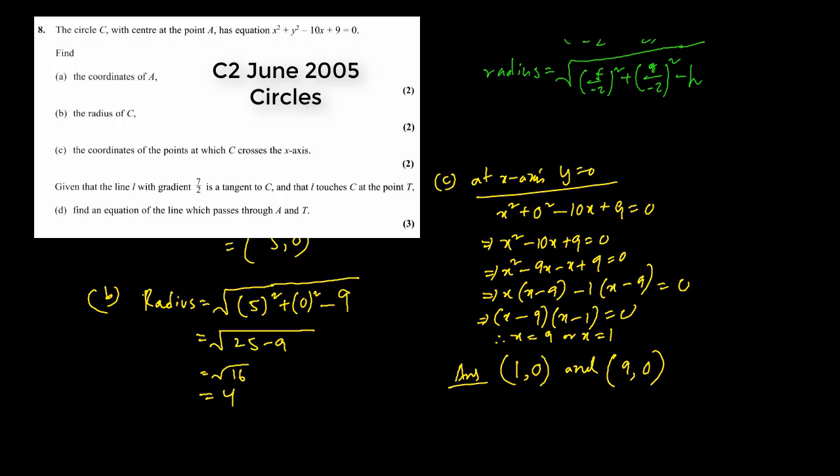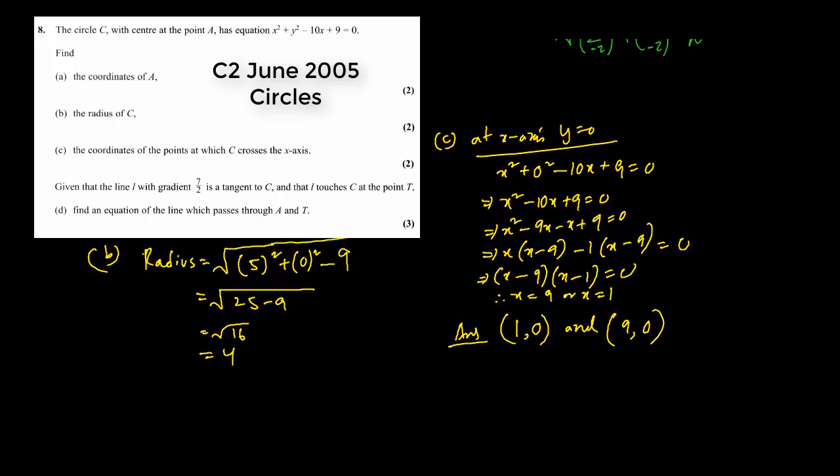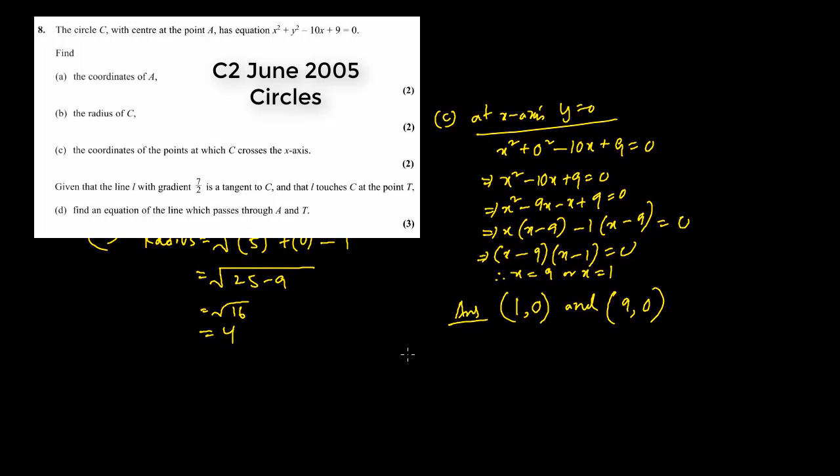So that's the sum. The next one, given that the line L has gradient 7 by 2, is a tangent to the circle and that it touches the circle at the point T. So find an equation of the line which passes through A and T. So one thing you have to know is basic geometry. This sum deals with basic geometry.